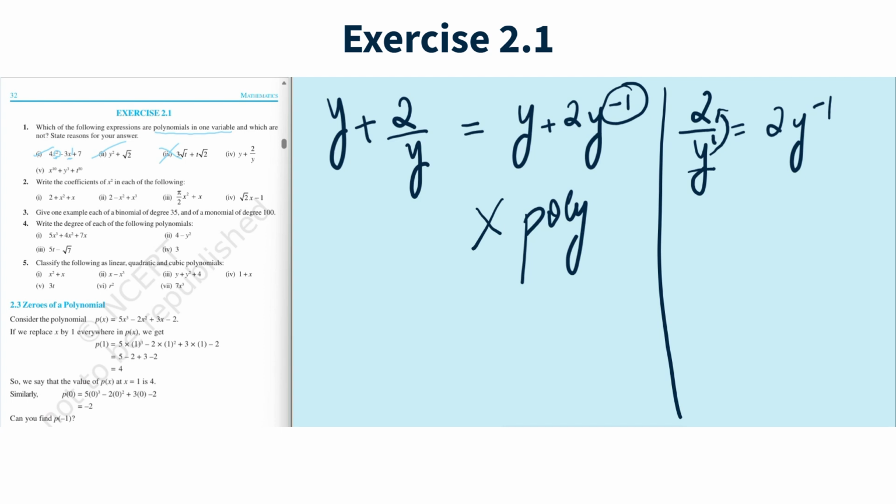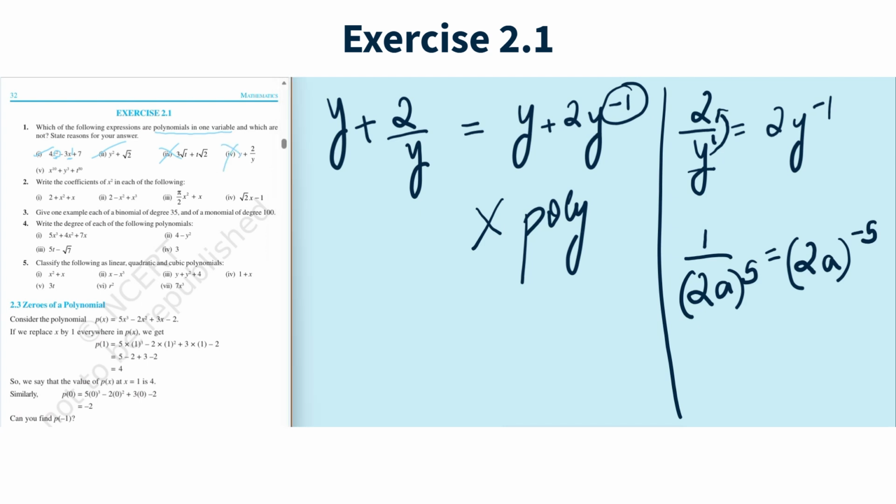Let's take another example, maybe 1 by 2a to the power of 5. When I bring this up from the denominator to the numerator, I can write this as 2a to the power of -5. So according to that concept, yes, this is -1 and it's not a polynomial because -1 is not a whole number. So this is gone.